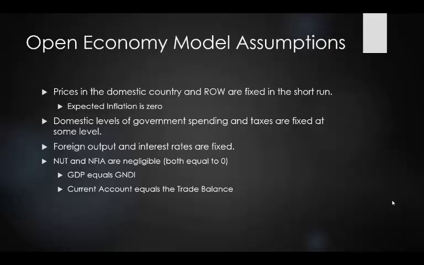This allows us to focus analysis on some domestic economy. The net unilateral transfers and net factor incomes from abroad are assumed to be negligible and so equal to zero. This allows us to focus attention on the trade balance alone, which for all practical intents and purposes is the dominant component of the current account.